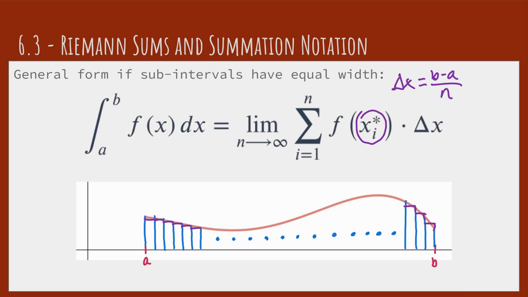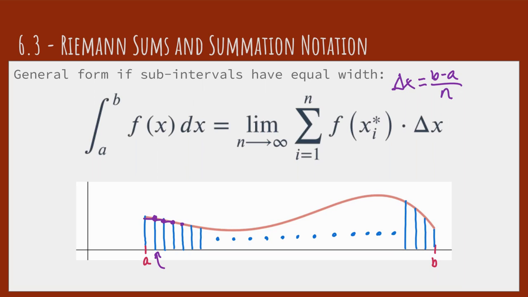We want to make that consistent for each interval so that we can use a formula. So rather than just saying we're going to pick some point along each subinterval, I'm going to say we're always going to pick, say, the right endpoint. And if we always pick the right endpoint, then we're plugging this x coordinate in here to the function to get the height, and we're going to keep doing that.